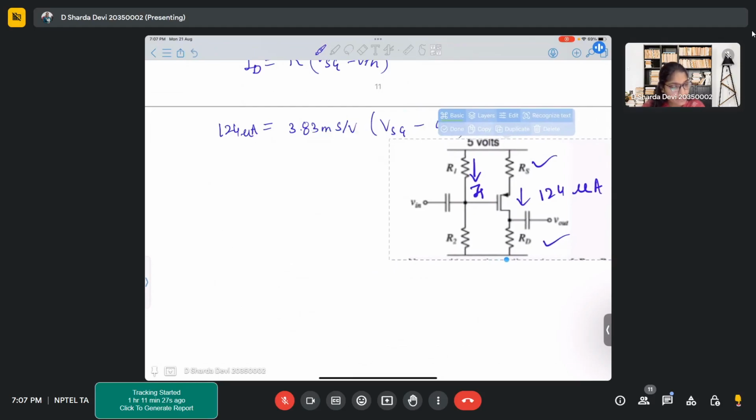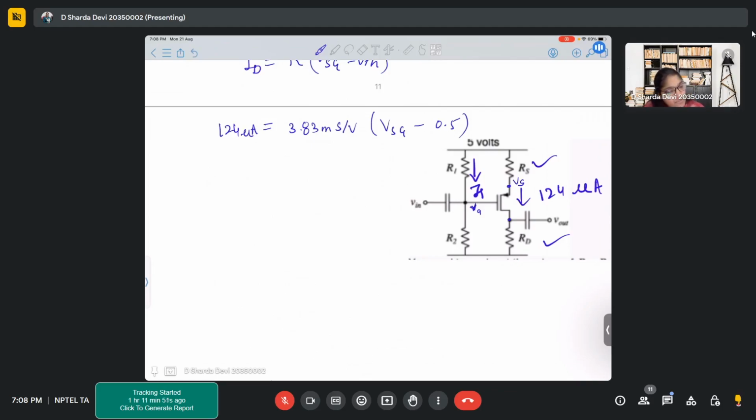It is a PMOS, so this is Vs, and we need to know these voltages.